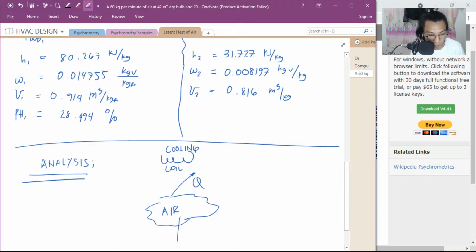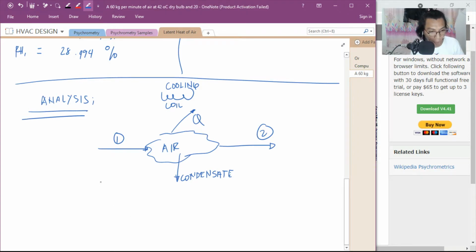And then you had condensate, from point 1 to point 2. You have the mass of water vapor 1 here, and the mass of water vapor 2 here. That's our analysis.